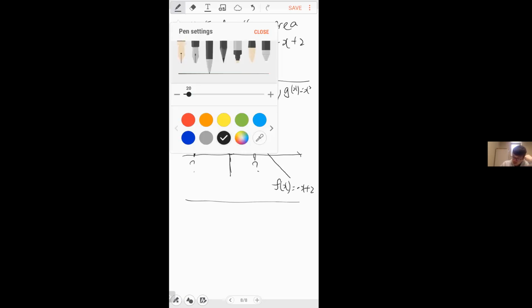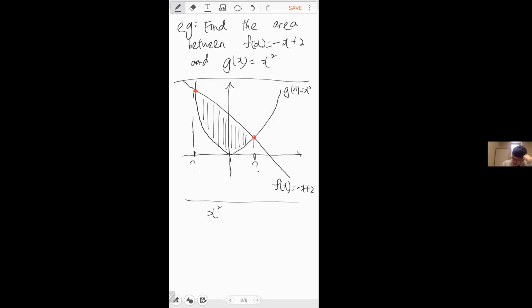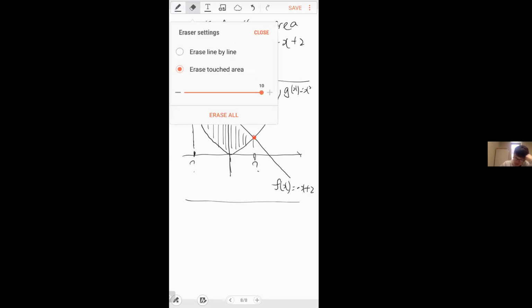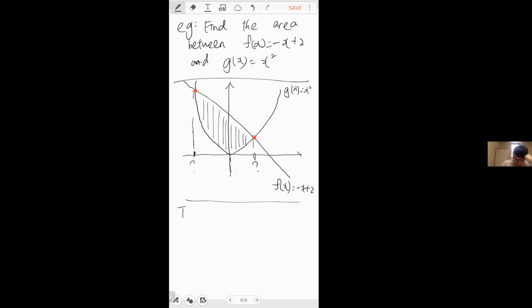Okay, you set them to be equal. So you have x squared and negative x plus 2.